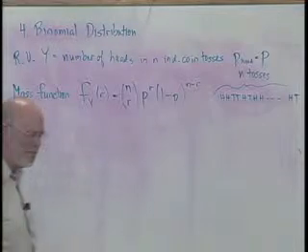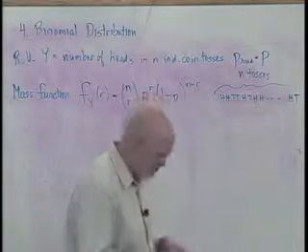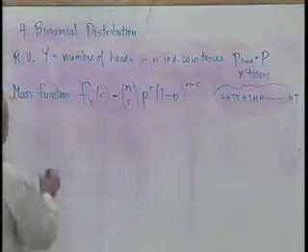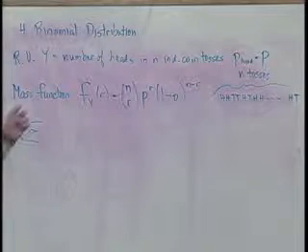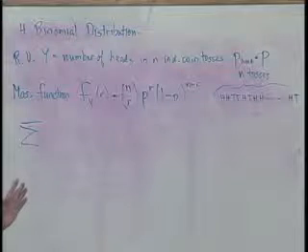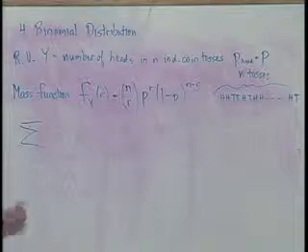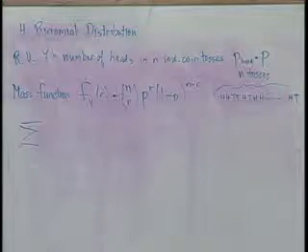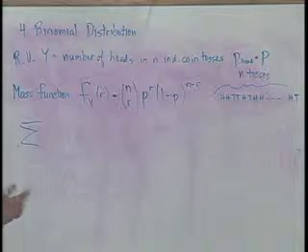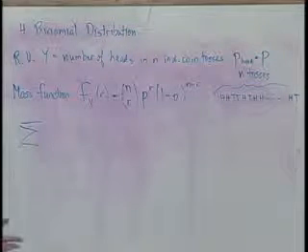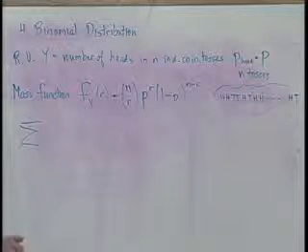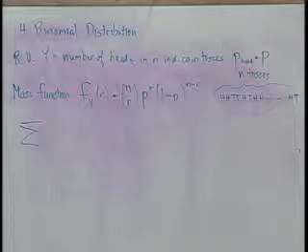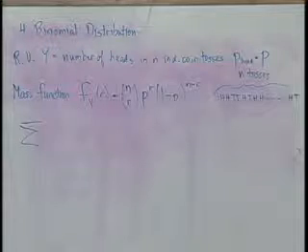Now, here's a good example of the point that Jerry brought up earlier. This mass function has to be proper, doesn't it? You toss a coin n times and add up the probability of 0 heads, 1 head, all the way up through n heads. Since there has to be some number of heads, you've included everything. You've got the whole event space, and the mass function has to sum to 1.